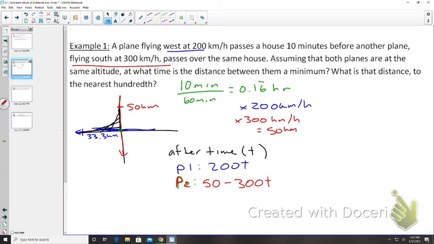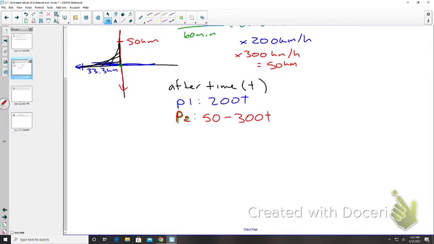Okay, so now that we've established the distances for our planes, let's go ahead and draw a new grid with our time t. Okay, this is our general time t. So I'm going to draw a new grid here.